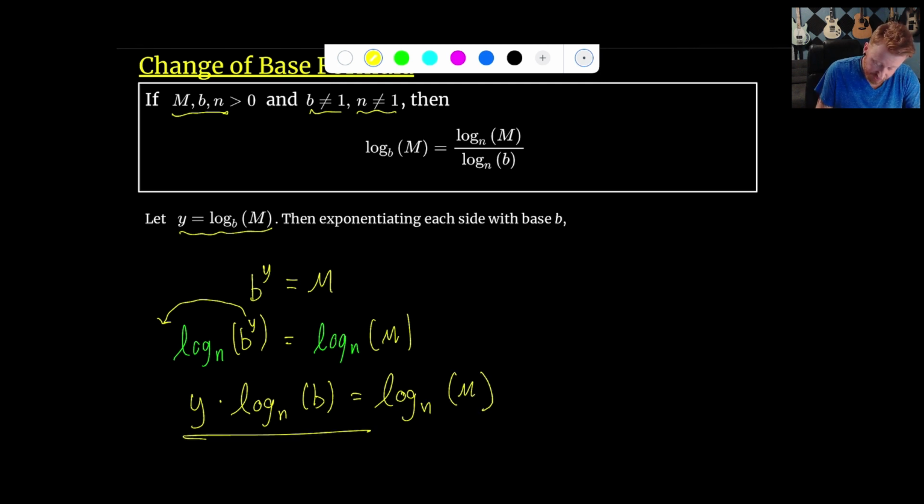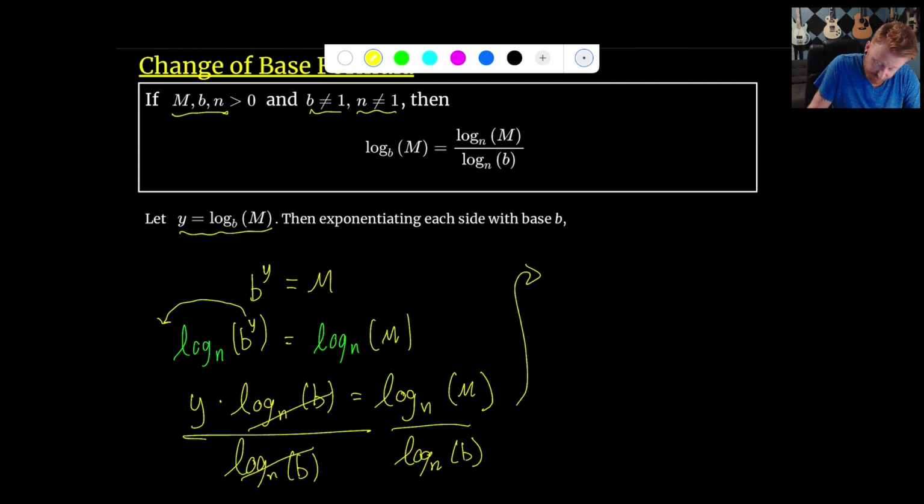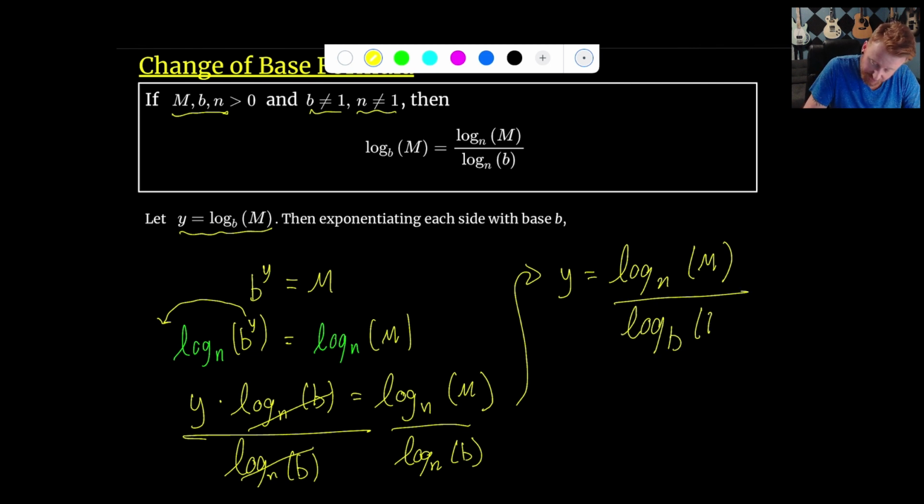And now we can divide both sides by log base n of b. I think that we're just about there. Now those cancel, and what we're left with is that y equals log base n of m divided by log base n of b.